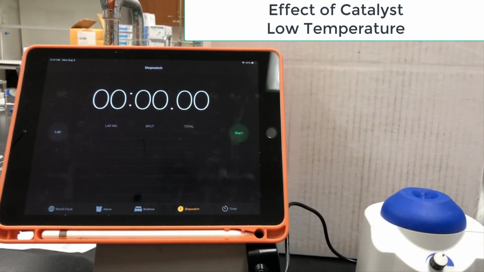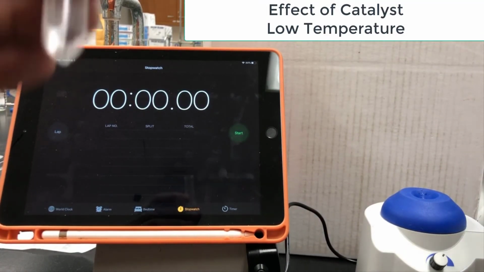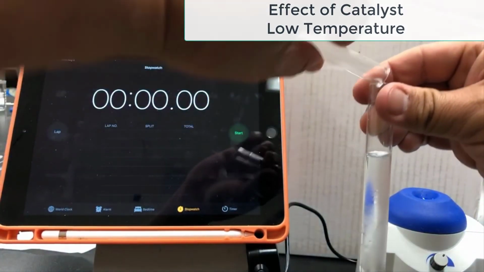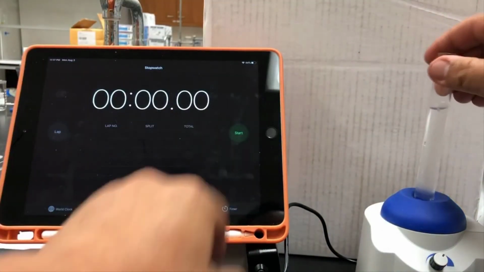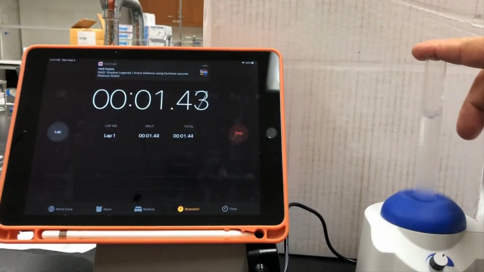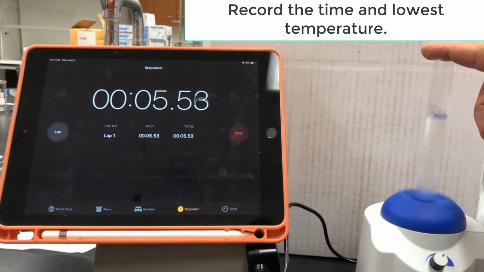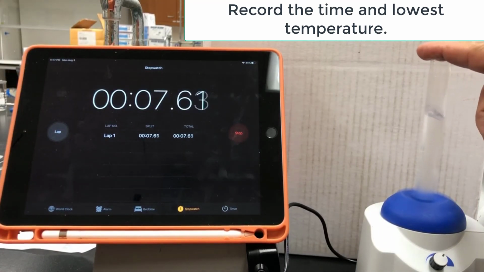Okay, so we're ready to do our lowest temperature, hopefully. And so I'll go ahead and mix these two together. Start it. Okay, there we go.